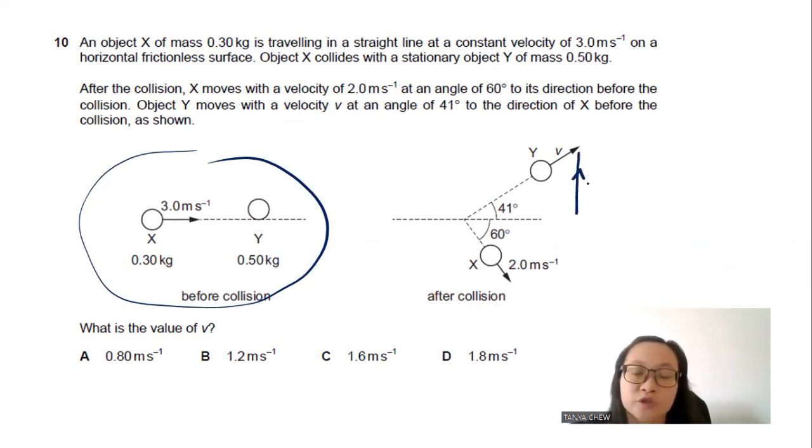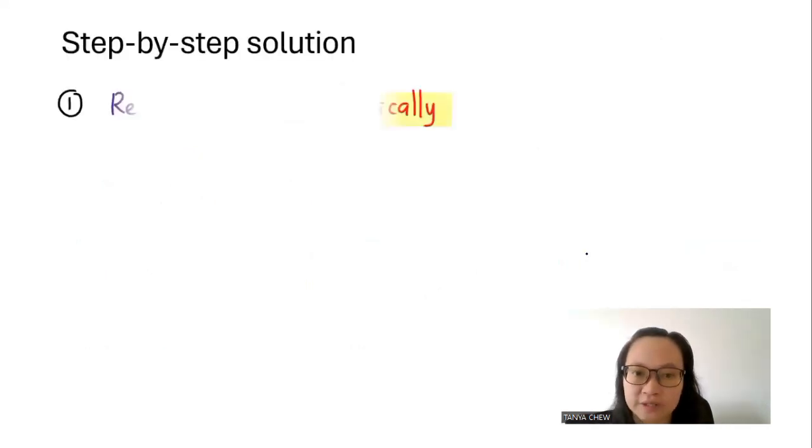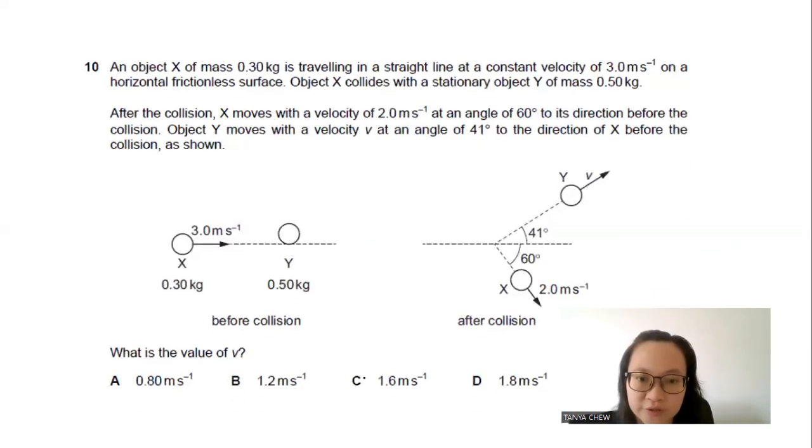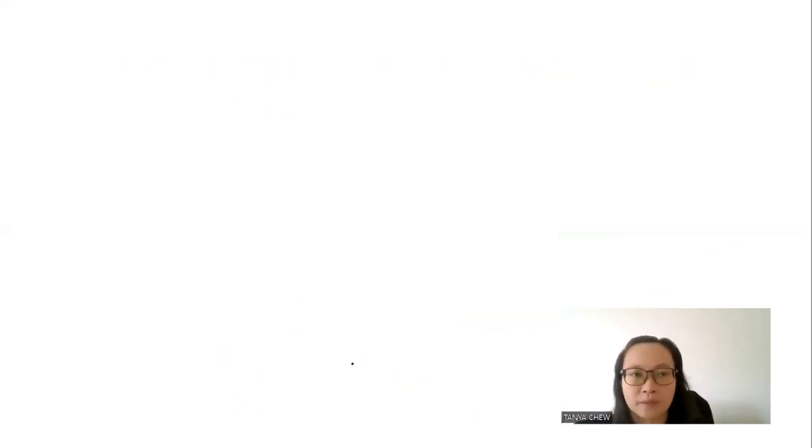I consider upwards as the positive direction and downwards as the negative direction. So negative for X, positive for Y. This is what I got here. Then I equate it, and my v is equal to 1.58 meters per second. So the answer is C.